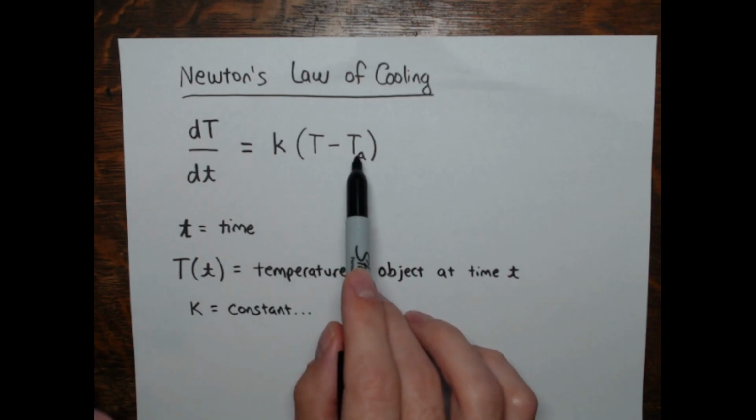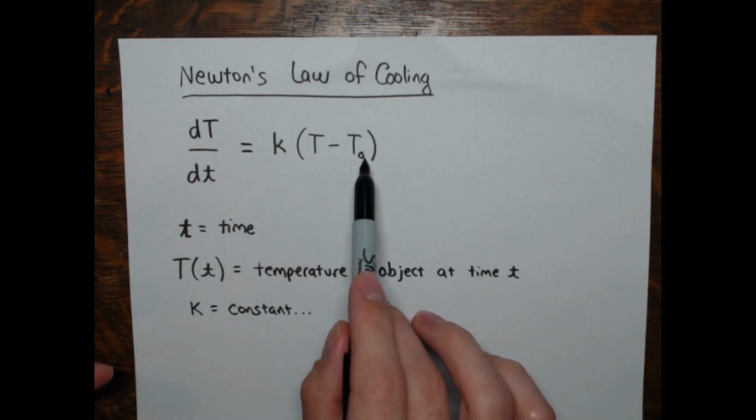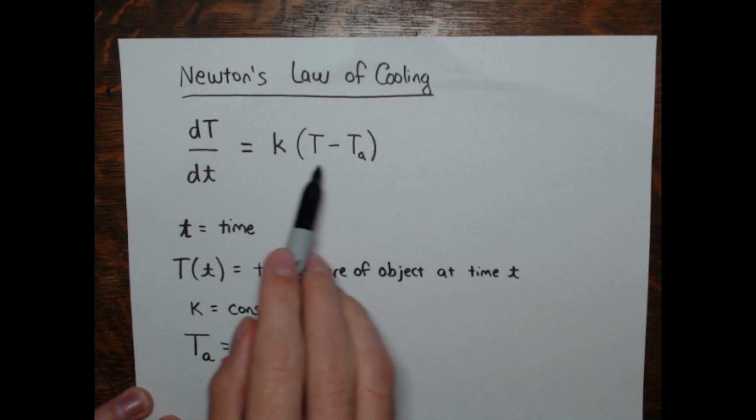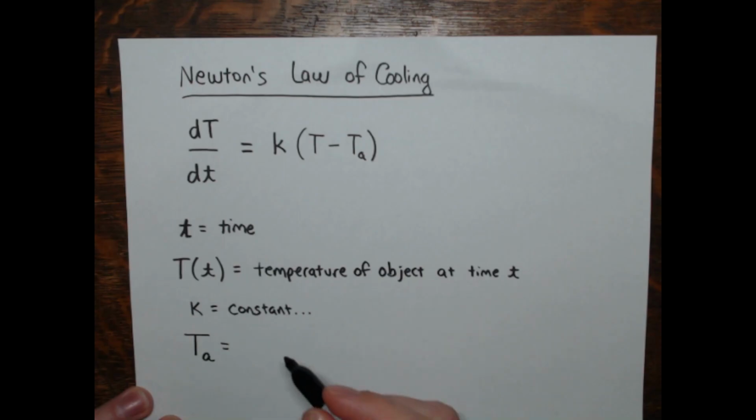You call this TA, TS for surroundings, TA for atmosphere, TM for medium, the medium the object is in, whatever. So that's what this T sub A in my equation up here represents. This is the temperature of the atmosphere that the object is in, or the temperature of the surroundings. And this is, for our purposes, a constant.